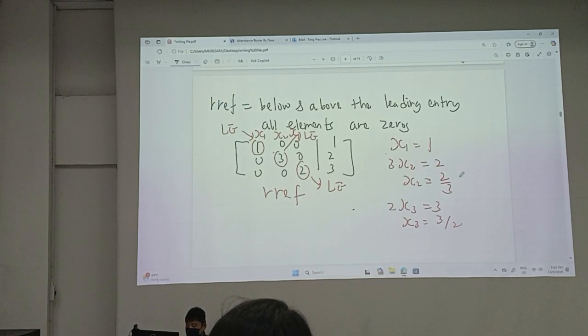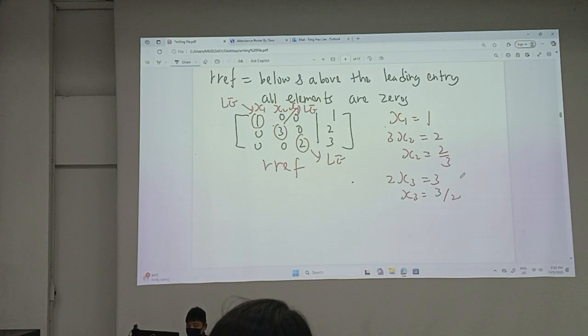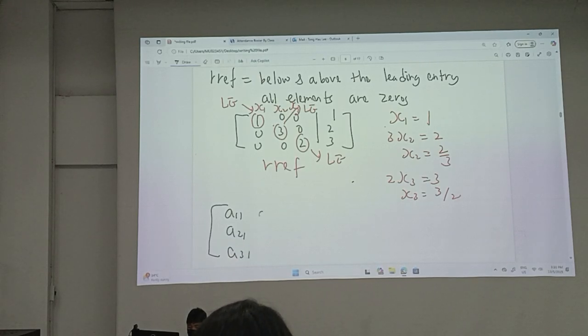So let's go into detail how to turn it into reduced row echelon form for Gauss-Jordan. We still do it column by column.